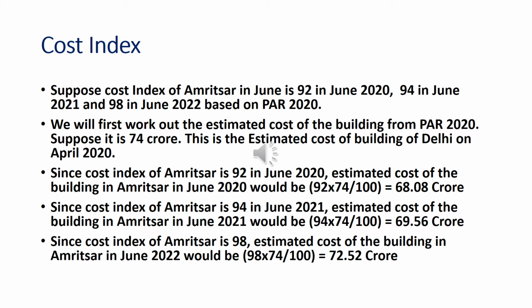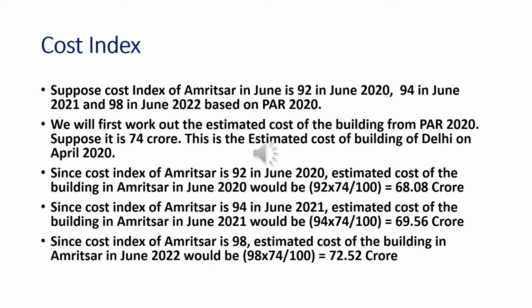Suppose we want to find out the cost of a building in Amritsar, and cost index of Amritsar is 92 in June 2020, 94 in June 2021, and 98 in June 2022, based on plinth area rates of 2020 of Delhi.